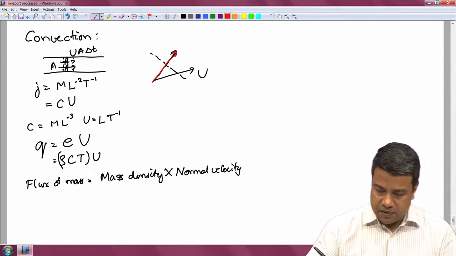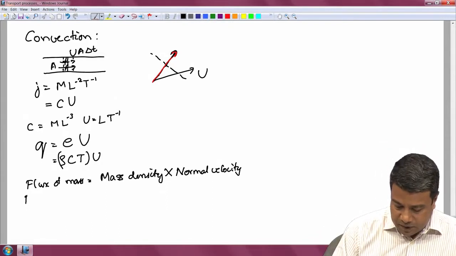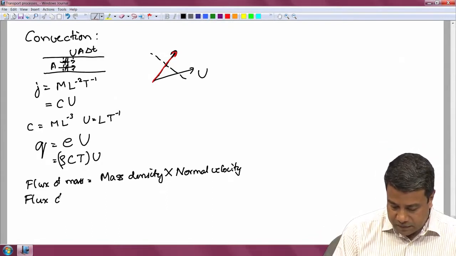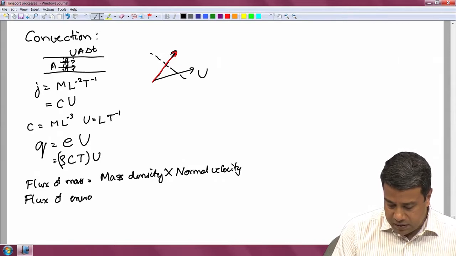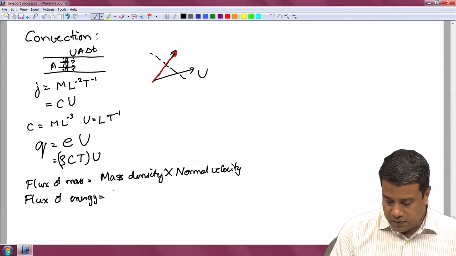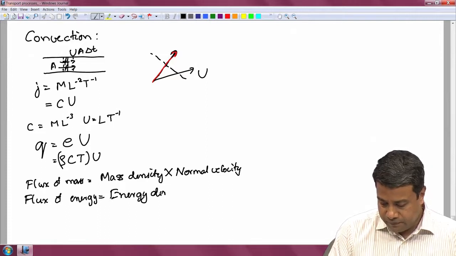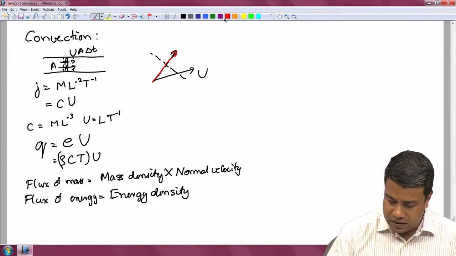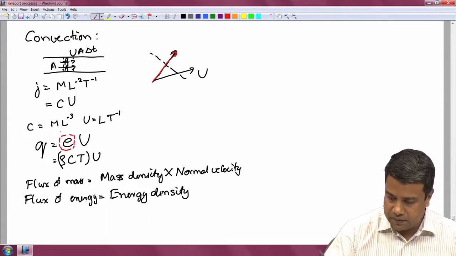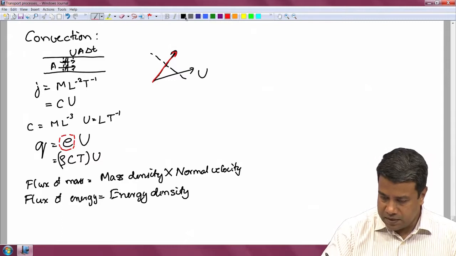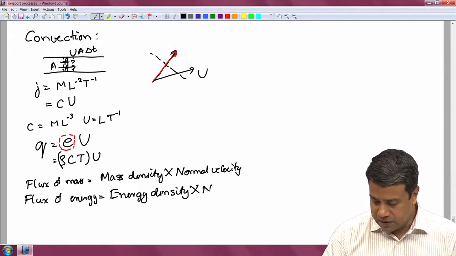Similarly, flux of energy is equal to energy density, that is the energy per unit volume that I had over here, times the normal velocity.